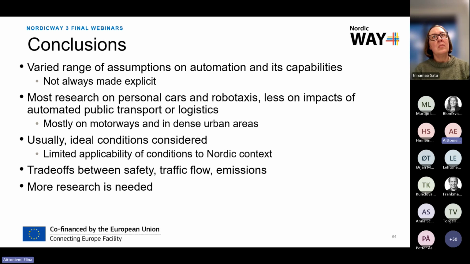And for that, I think a big improvement is needed in those simulation models, because those that are traditionally used have been made to depict traffic flow in general and not so much on a vehicle level, and because the difference between the automated and human vehicles lies largely in the driving behavior. So first, more detailed models are needed that can depict the automated driving behavior better, and then more studies should be made in different kinds of conditions.